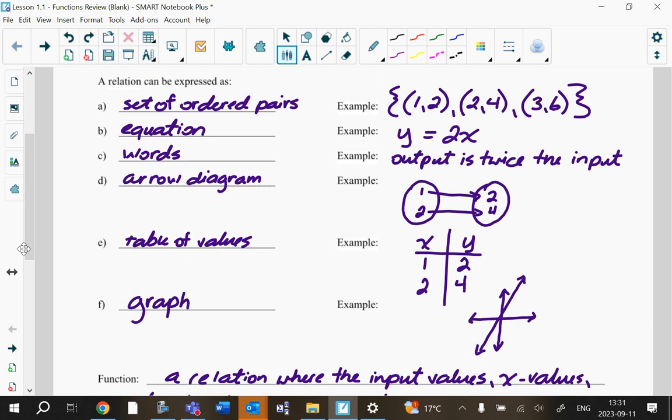What's the domain of this function? Don't overthink. Domain are all the x values. That's it. What's the range? Yeah, that's it. This one, what's the range? Range, 2, 4, 6. What's the domain?